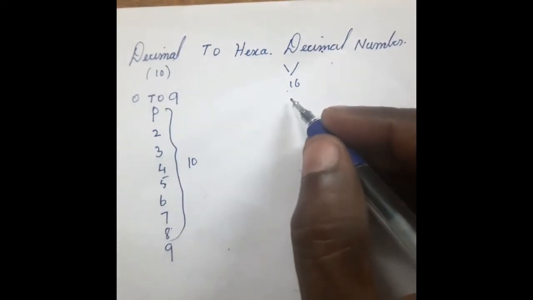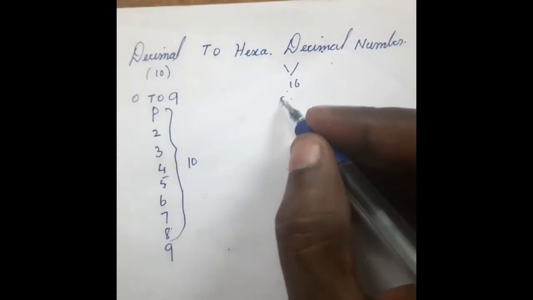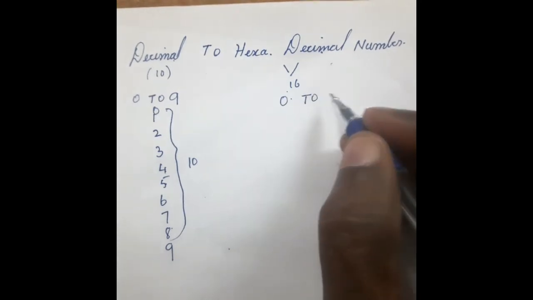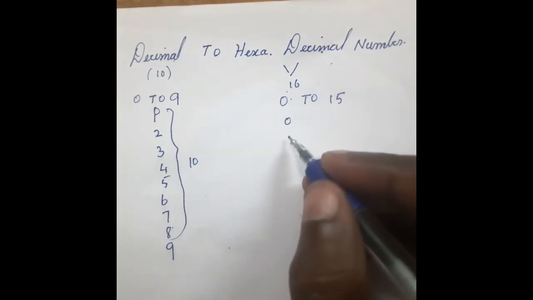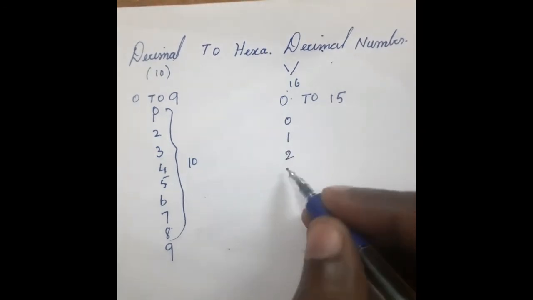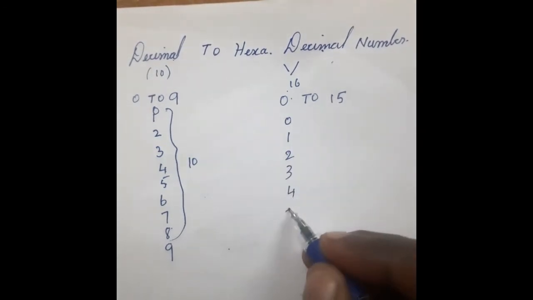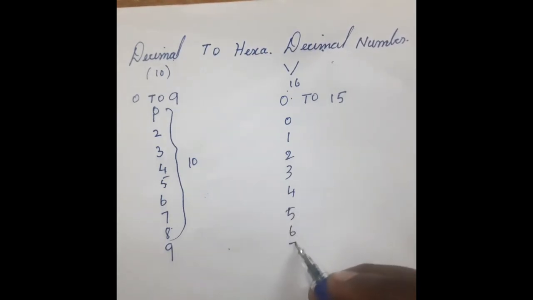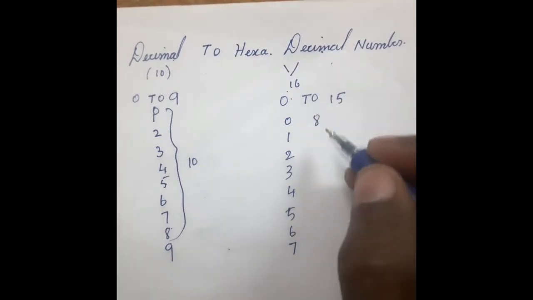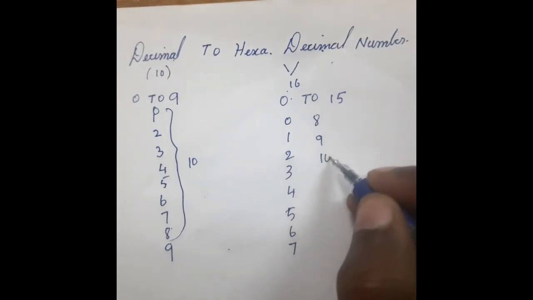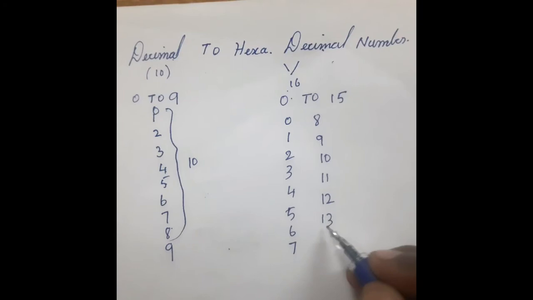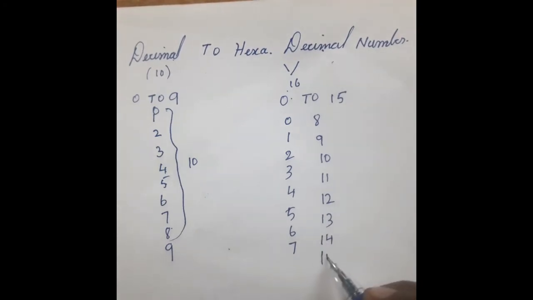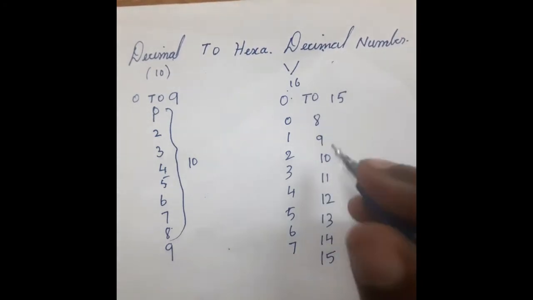So the numbers are 0 to 15. It is written as 0, 1, 2, 3, 4, 5, 6, 7, 8, 9, 10, 11, 12, 13, 14, 15. So totally 16 numbers.